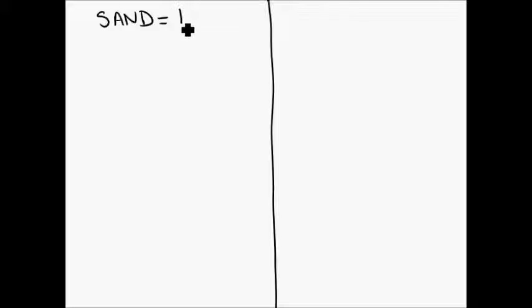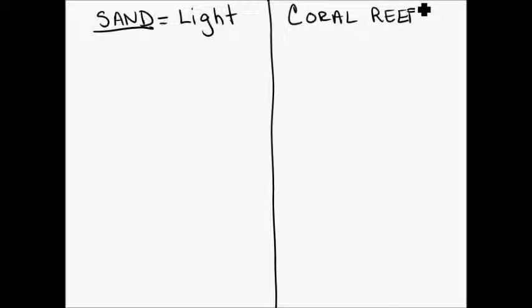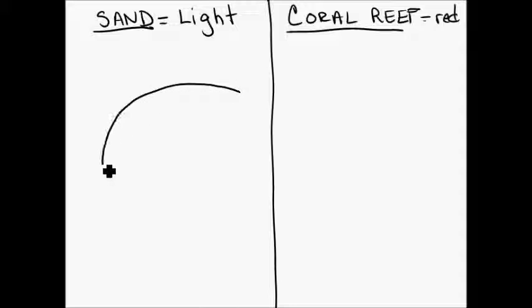So if it has sand as its background, sand is light in color, as opposed to being near a coral reef, and this actually is red in color. So we're going to be looking at a cell and trying to convert that cell from appearing to be light as opposed to red.